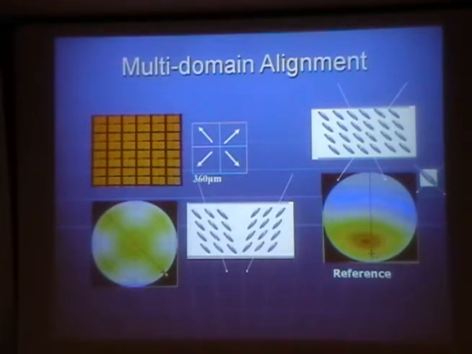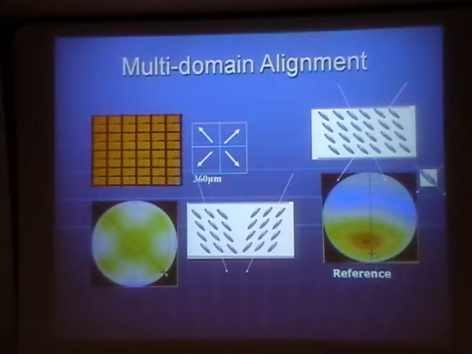In order to overcome that problem, one solution is to split the single pixel into several different domains having different orientations. The main difference between what I showed you in the previous slide and this one is the size.